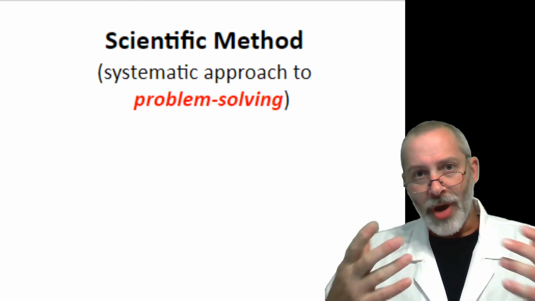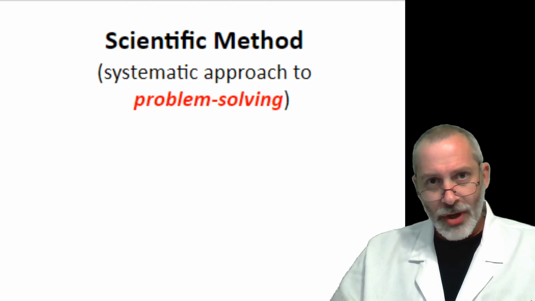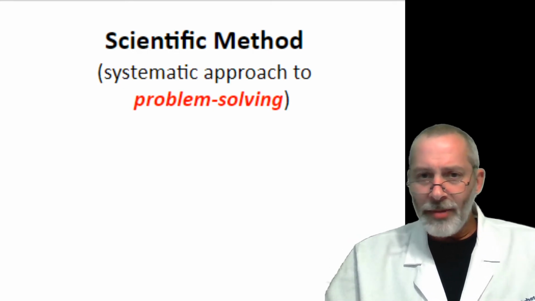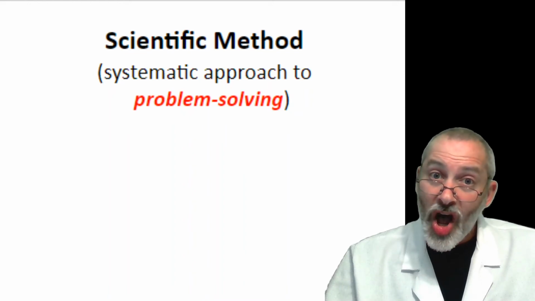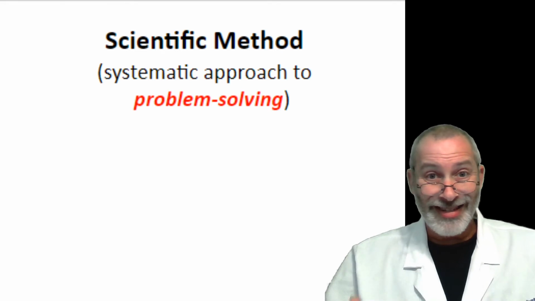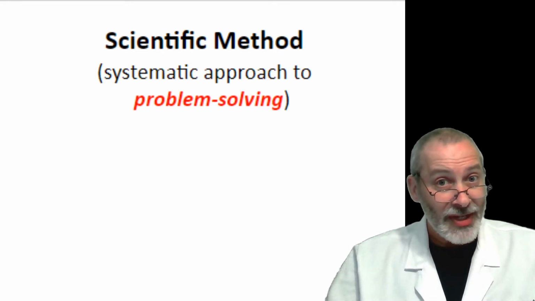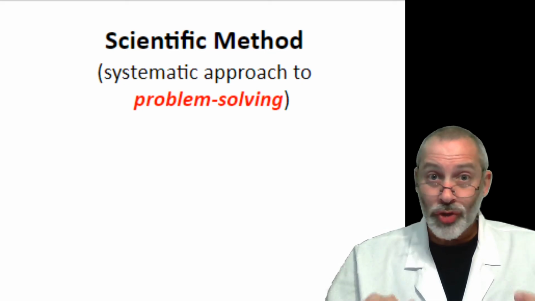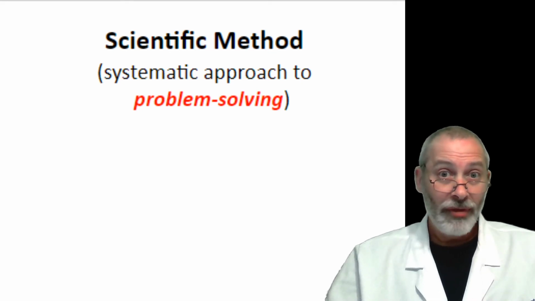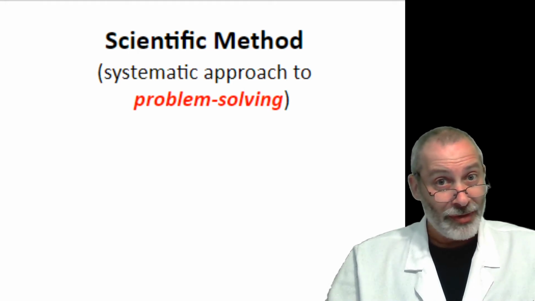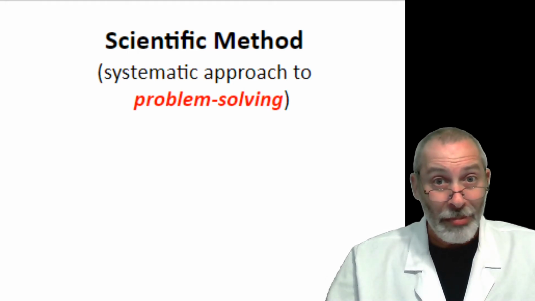But problems and science go hand in hand, because science is all about trying to solve problems. And the way a scientist thinks when they're confronted with a problem is to try to solve the problem. Sometimes it's easy, sometimes it's very difficult, and sometimes it's nearly impossible.